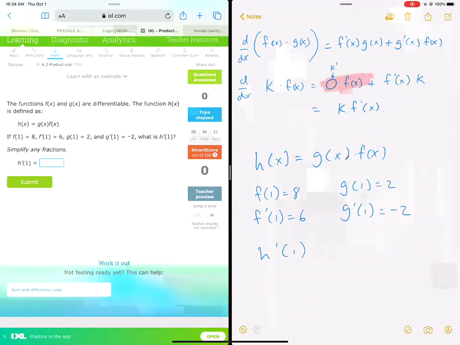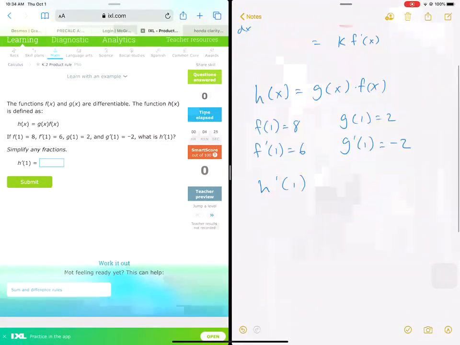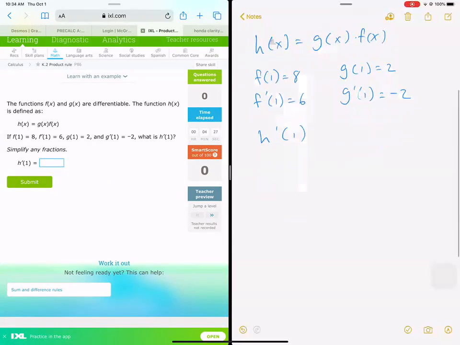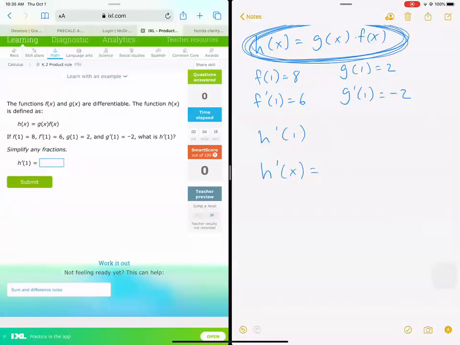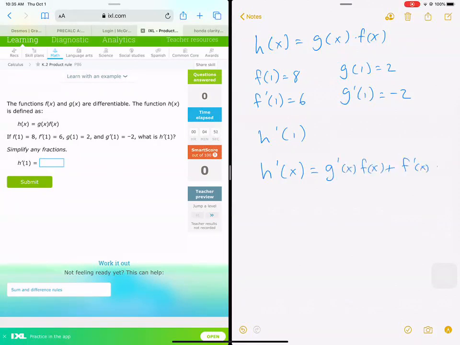Okay, so people get confused sometimes by this, but I want to rewrite this as, hey, what is just h prime of x? So we said h up here was just the product rule. So let's write it out. Once we write it out, we can skip a couple of steps later, but this is going to be g prime f plus f prime g.